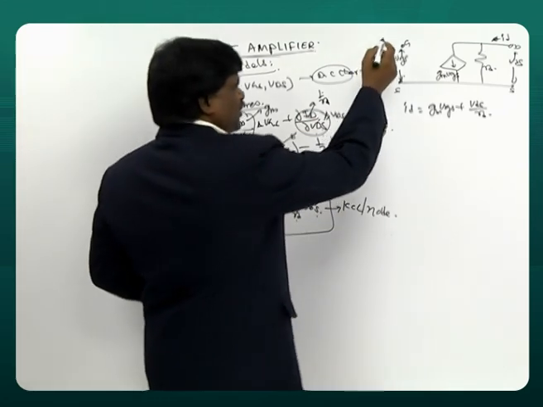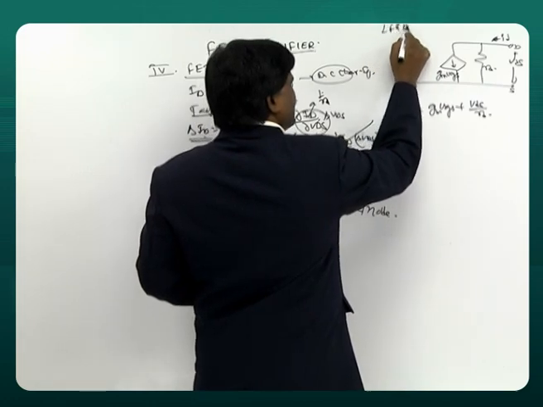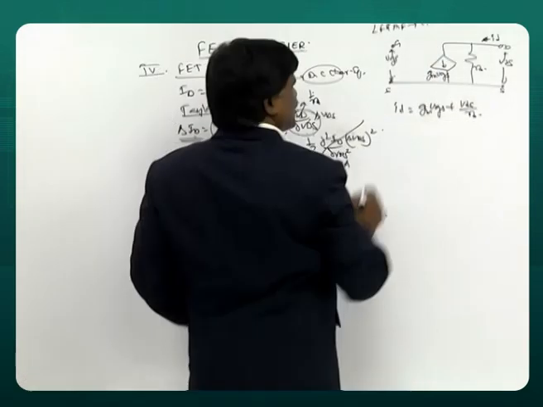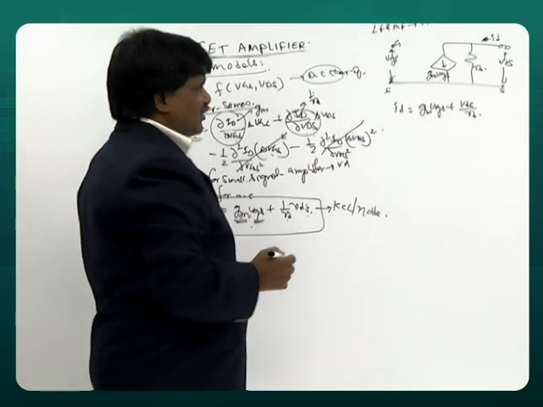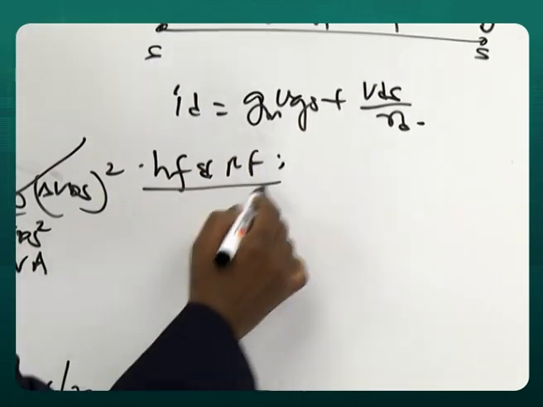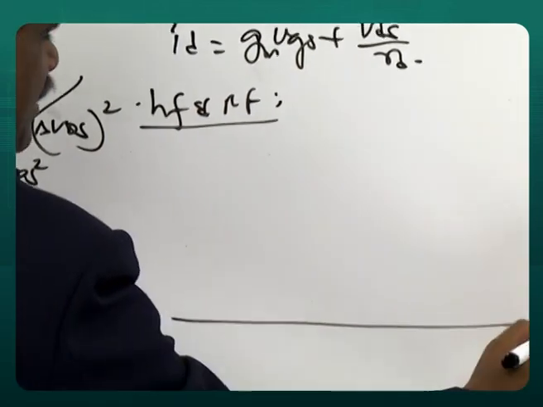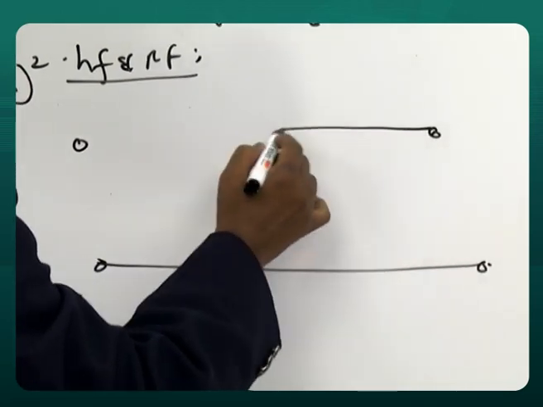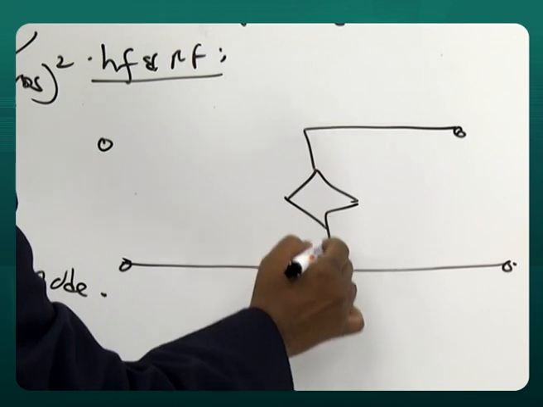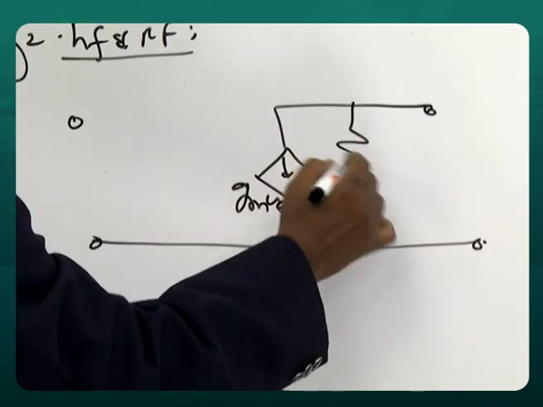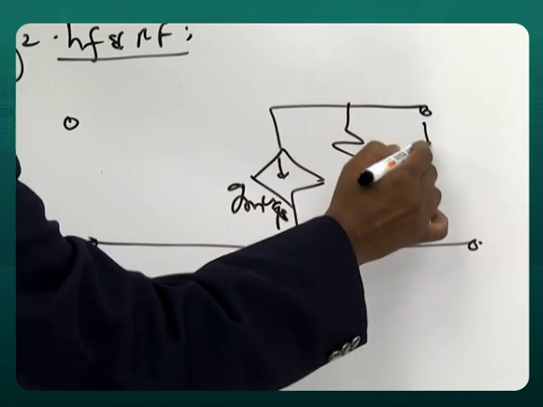And this model is called low frequency and mid frequency model because internal capacitors are open circuit. But if you really go for high frequency and radio frequency, what happens there?